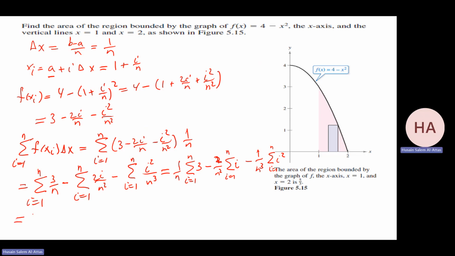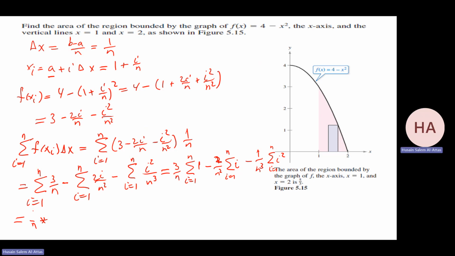That will be what? 1 over n times, this is what? 3n. Okay. Yeah, because for the summation of 3, actually you can take it like this, make it 1, and this is 3 over n. What's the summation of 1?